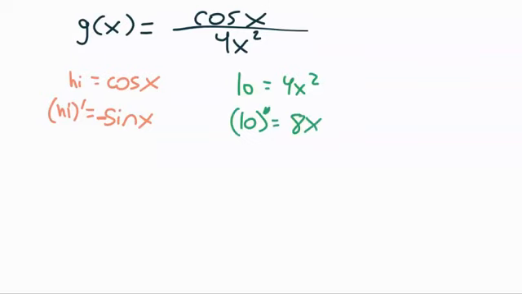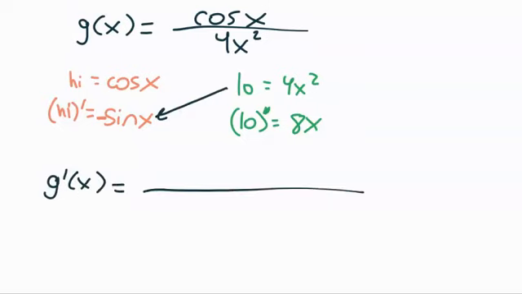And so quotient rule: low d high minus high d low over the denominator squared. So low d high, this one times this one: 4x squared times negative sine, so maybe I'll put the negative out front, it just looks a little better. Negative 4x squared times sine of x.